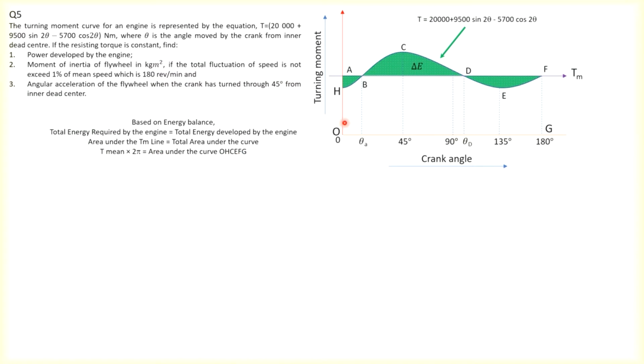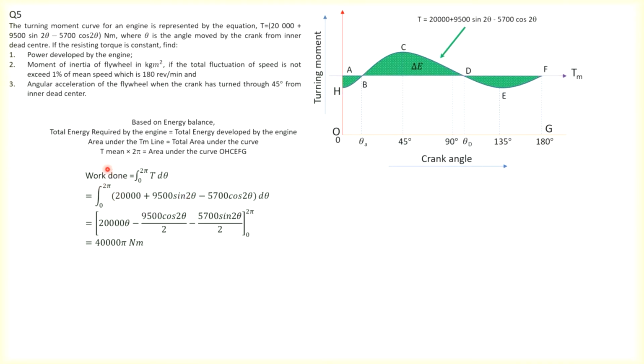So before that, when you look at this, it is the area under the curve, so you have to use integration to find the area under the curve. To find the work done, that means to find the total area under the curve here.